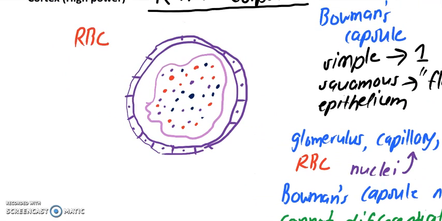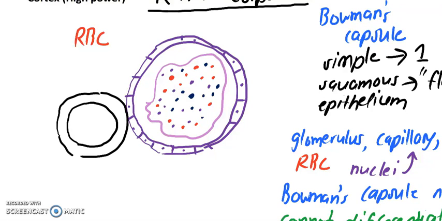Okay, so next to the renal corpuscle, you will have other tubes. We mentioned a few types of tubes today. These have a different cell type, which makes them a little bit easier to find. This cell type is a bit squarish in shape.